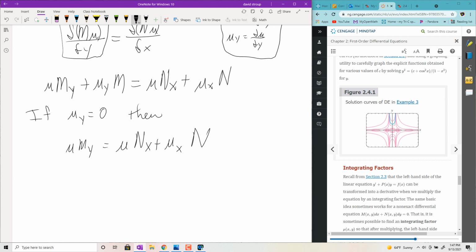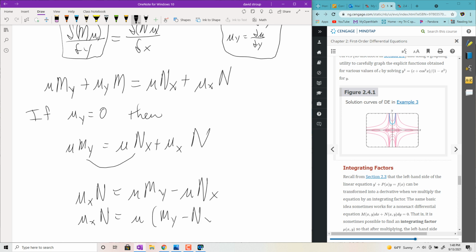Then you want to solve for mu, right? So you could bring this over to the other side or vice versa, and let's write the mu sub x on one side, put the other stuff on the other. So mu m sub y minus mu n sub x, and then factor out the mu, and you get m sub y minus n sub x.